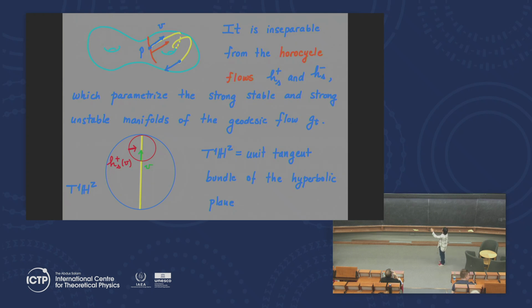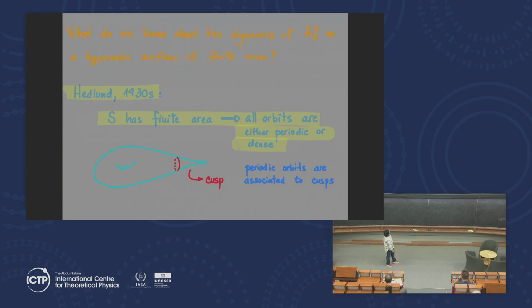That is this set of points and vectors, okay? And that would be the stable horocycle I have depicted there, and I'll be working with the stable horocycle flow throughout.